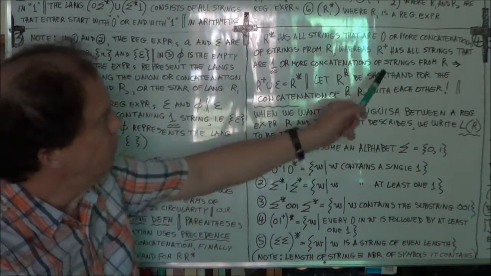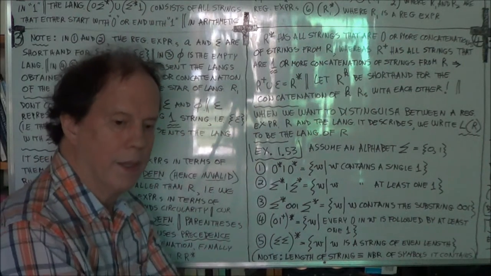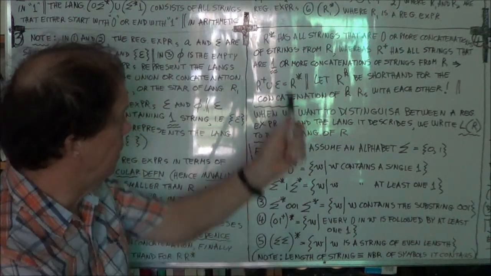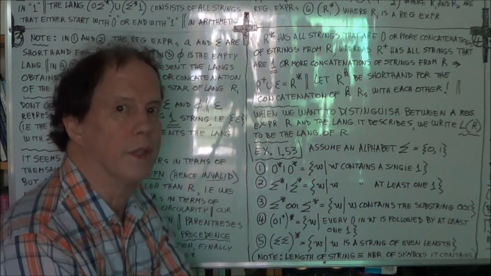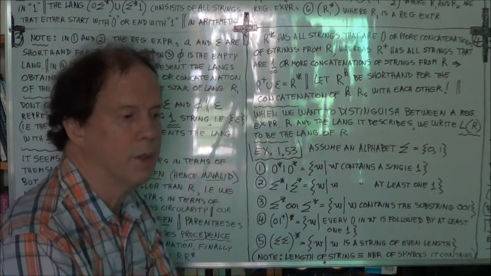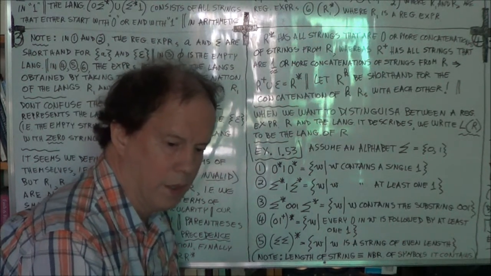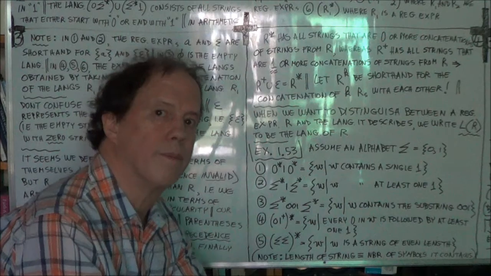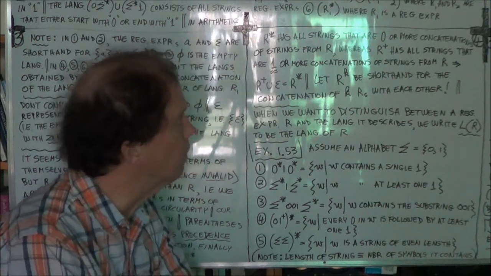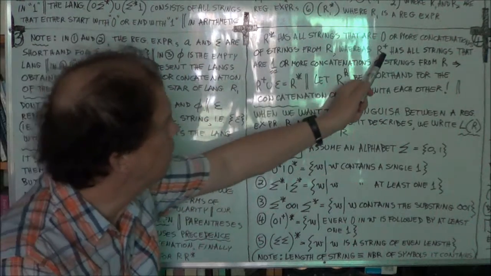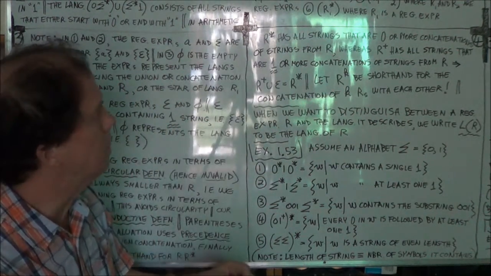Okay, so R plus is the same set as this without the eta. Okay? So in other words, it's the set of concatenations of at least one string. Okay? So you don't have the empty string. So R plus is R star minus the empty string.